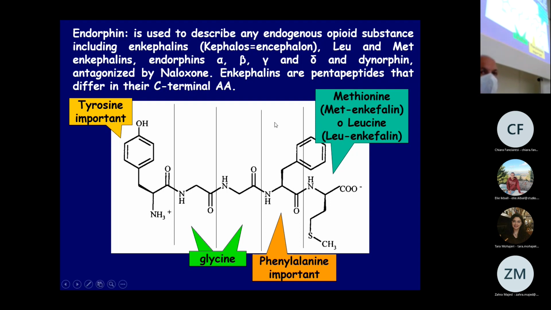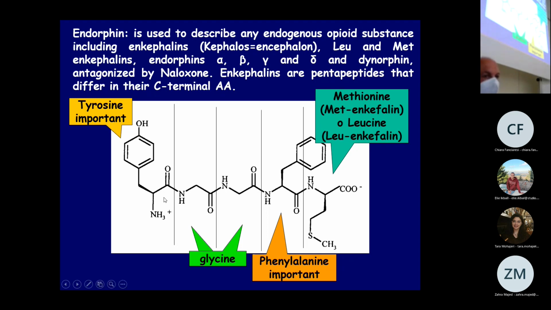Met from methionine, because the last amino acid on the structure is a methionine, and the leu enkephalin, because the last amino acid is a leucine. It is important to know the chemical structure of these 2 pentapeptides.